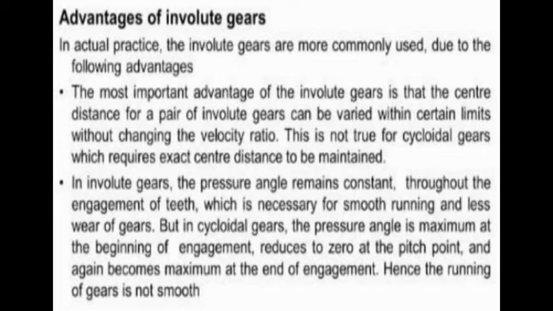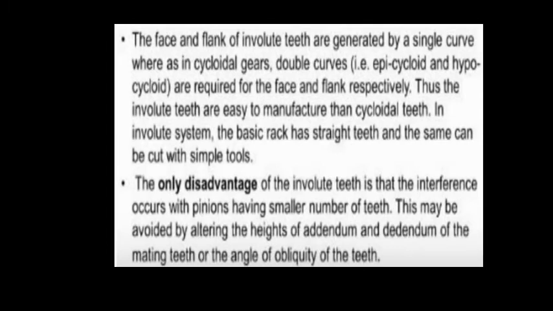Then the face and flank of involute teeth are generated by a single curve, whereas in the case of cycloidal gears, double curves, epicycloid and hypocycloid, are required for the face and flank respectively. Thus, the involute teeth are easy to manufacture than the cycloidal teeth.